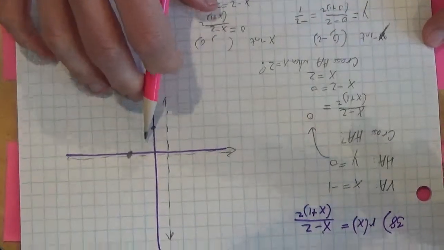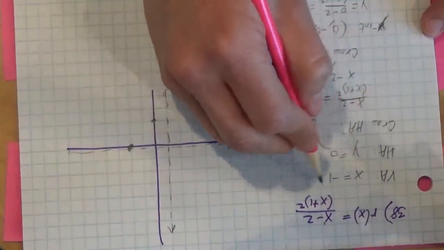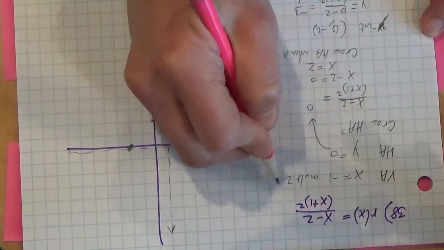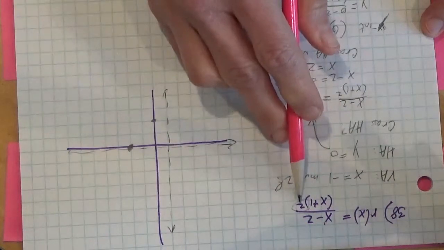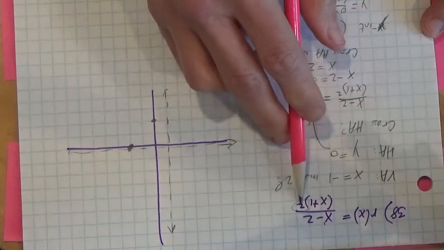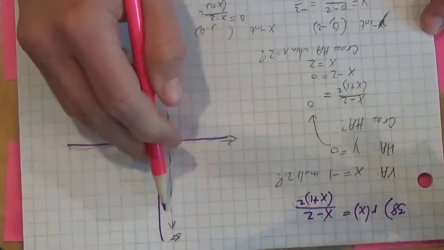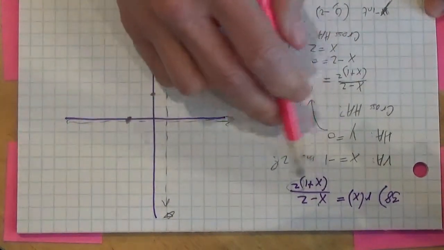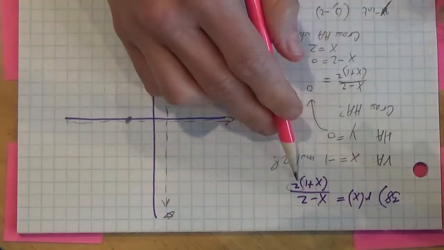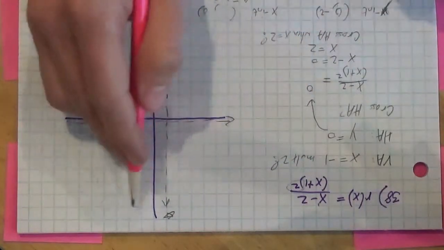The interesting thing that I should have pointed out earlier is that this vertical asymptote came from a factor with a power of 2. So that means, I'll put a star over that asymptote, because it's squared, it's not going to change signs from one side to the other.